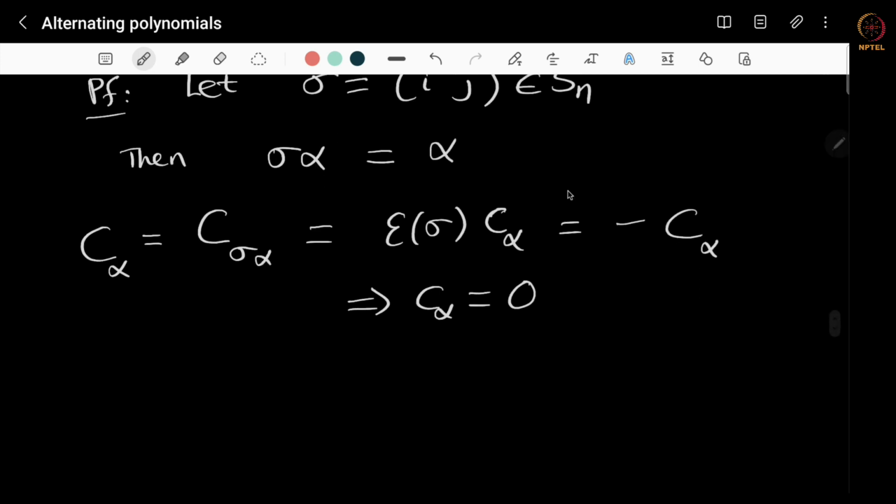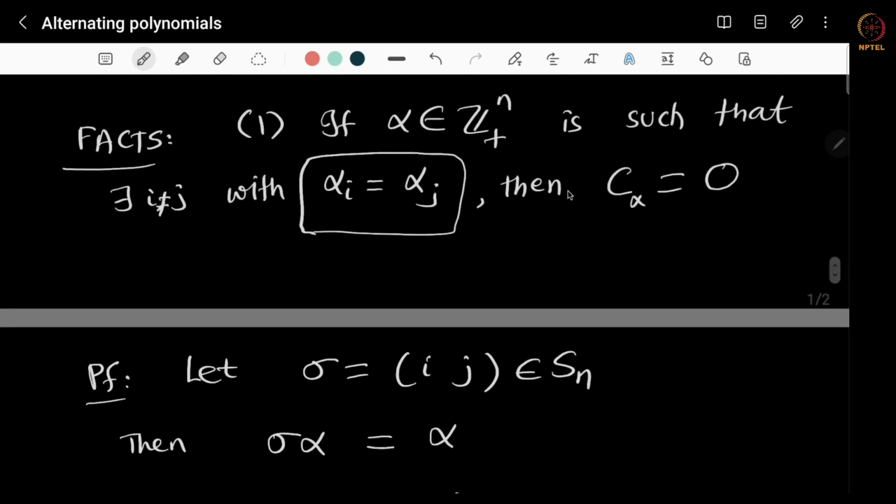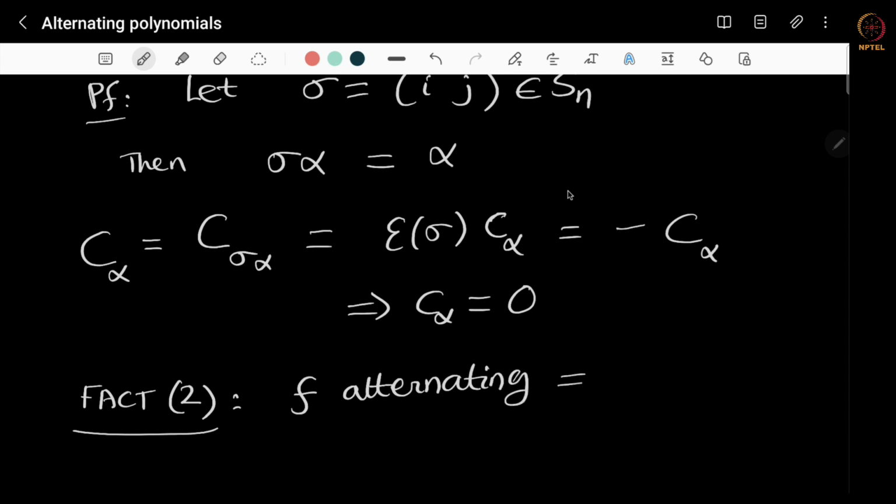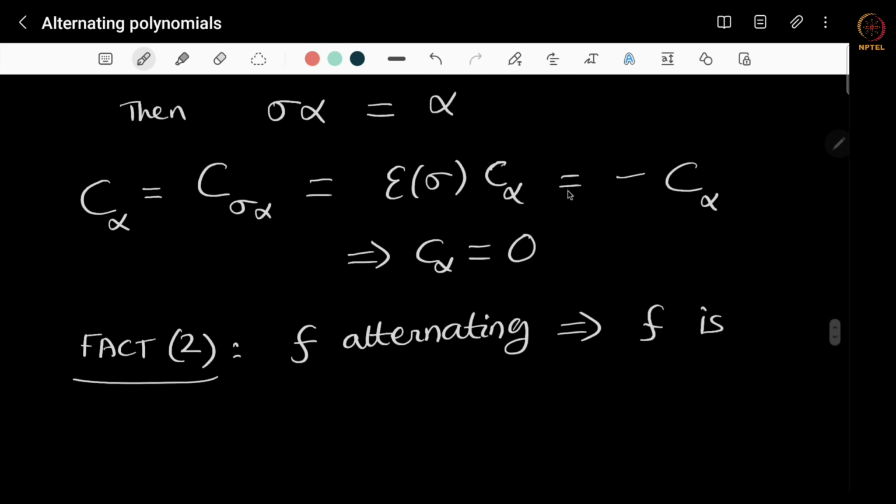So that's fact 1, and now here's another fact. I called it fact 1 upstairs, and here's fact 2, which is that the alternating polynomial is uniquely determined by its coefficients. So if f is alternating, I don't need to know all the coefficients C alpha.